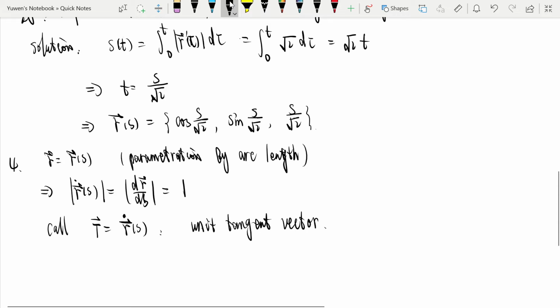If the curve is parametrized by arc length, then its tangent vector is a unit vector. And in general parametrization, the T is the derivative of r(t) over the length of the derivative.